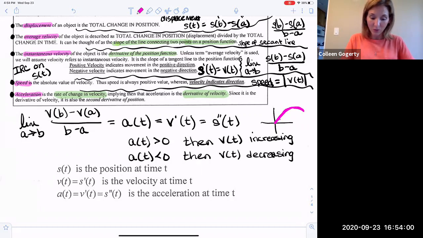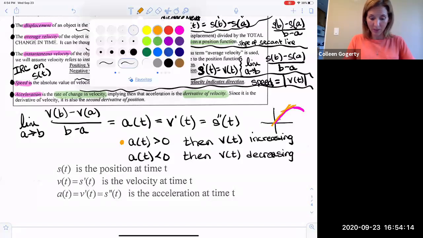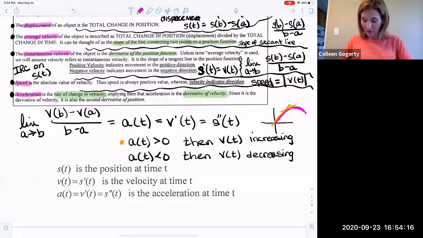If I take the derivative, let's say here, or here, or here, then the derivative, which is acceleration, is positive.